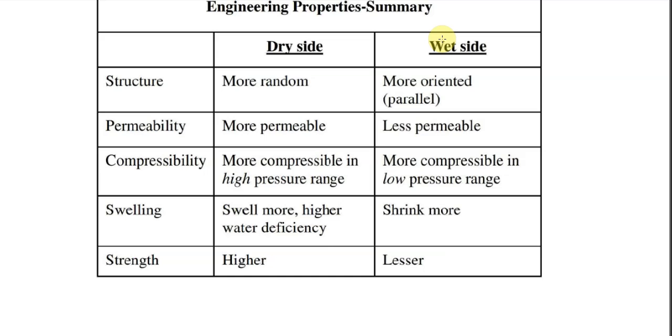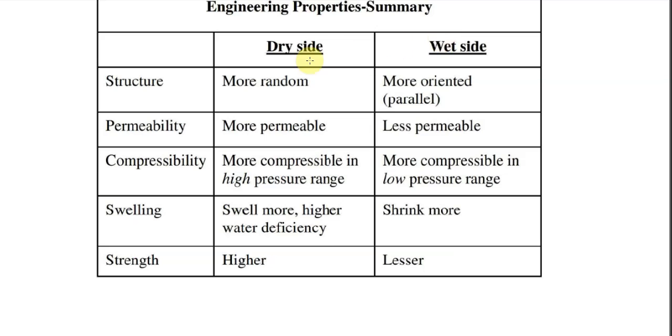Okay, so you must understand what is the effect of compaction on the soil when it is compacted on the dry side and when it is compacted on the wet side. And always in the site, to achieve maximum dry density is not the only aim.